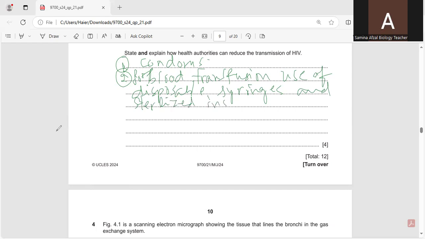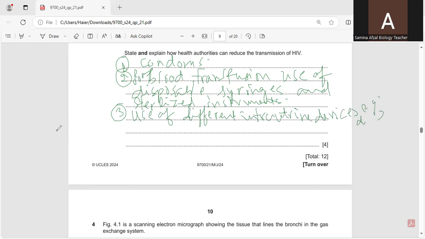Use different intrauterine devices, for example a diaphragm or coil.